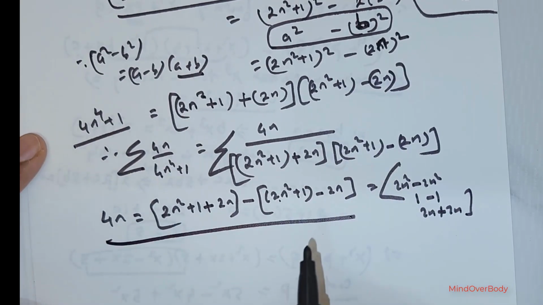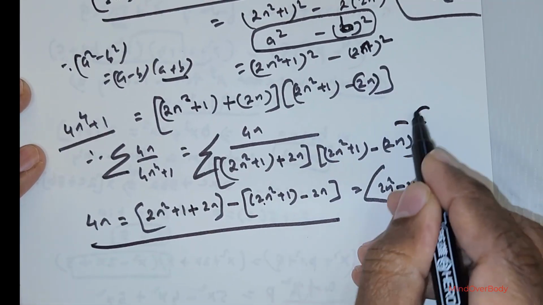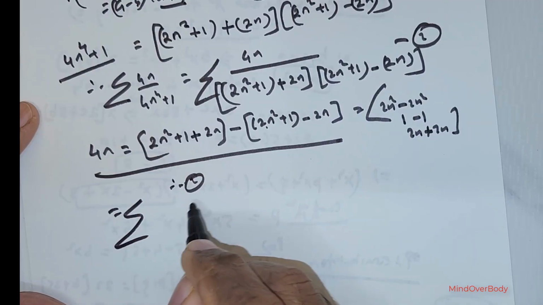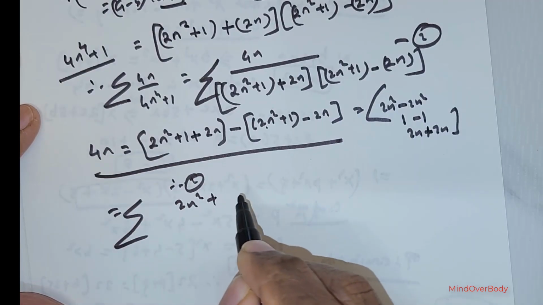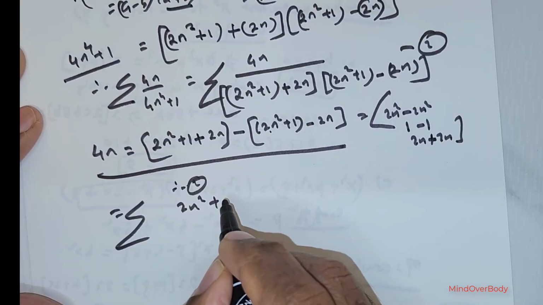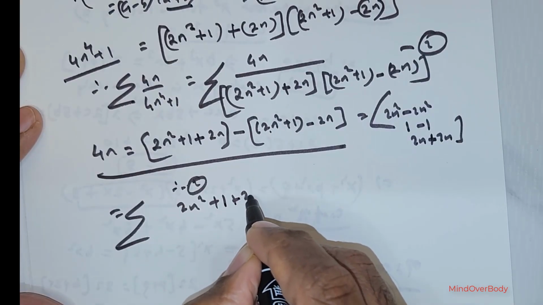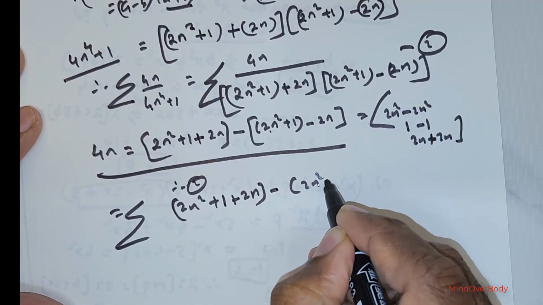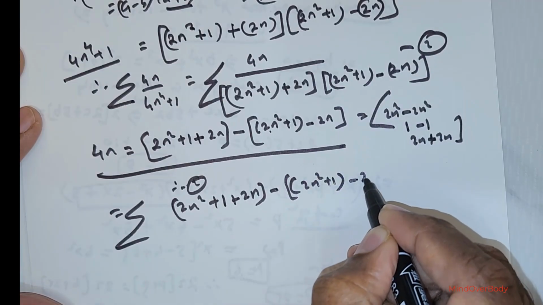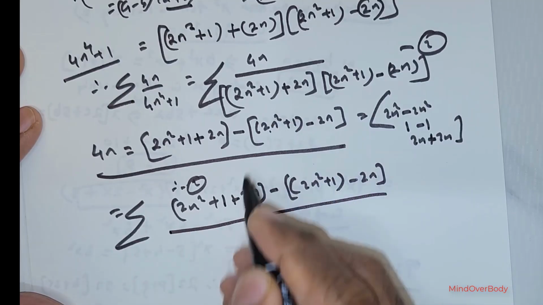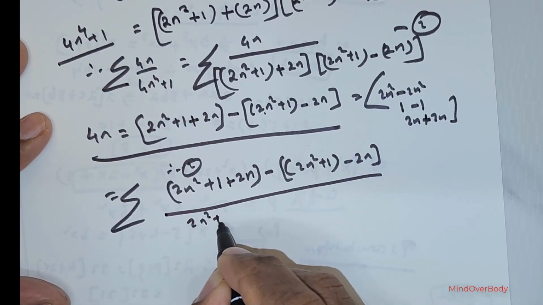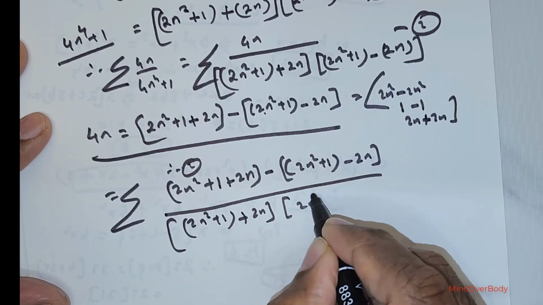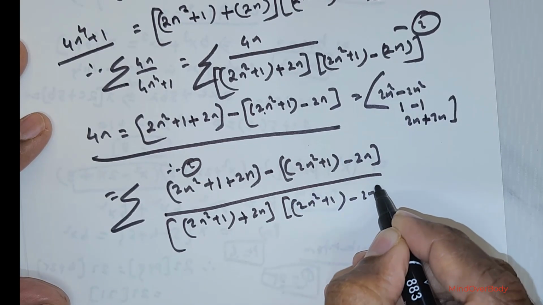So this is a valid representation. Therefore this is rewritten as sigma of (2n squared positive 1 positive 2n) negative (2n squared positive 1 negative 2n) divided by the product (2n squared positive 1 positive 2n) multiplied with (2n squared positive 1 negative 2n).